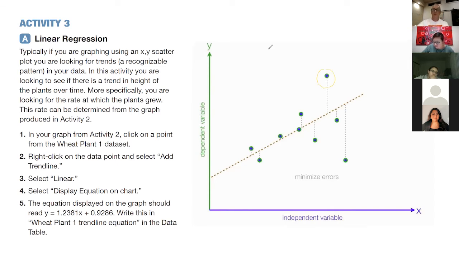So here are our data points, and it wants to draw a line so that the distance between the line and the points is the smallest possible. It's minimizing the errors. What we say is the best fit gives us the lowest value for the distance between the points and the line. That's how it calculates the y equals mx plus b.